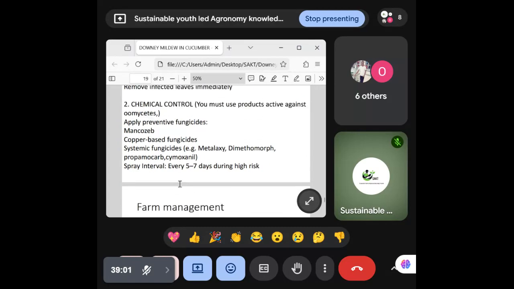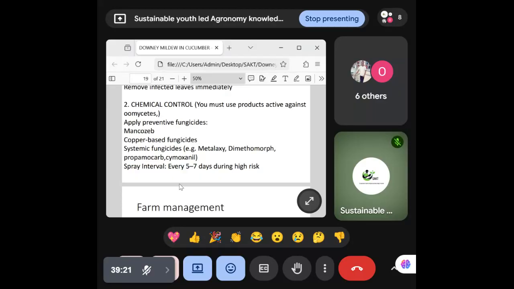You must know the treatment that you give. Very important. You must use a product active against oomycetes, against water mold, not just any fungicide.